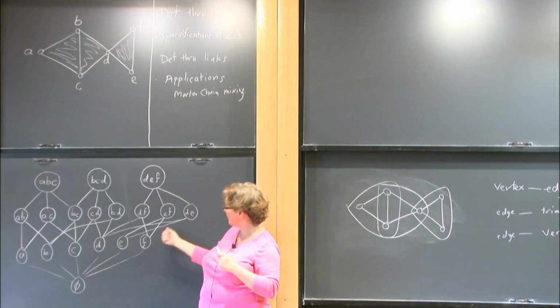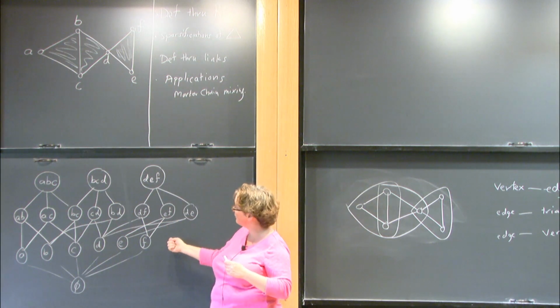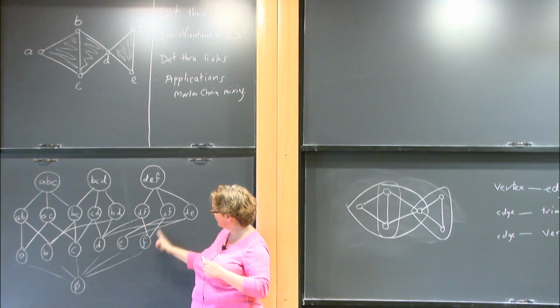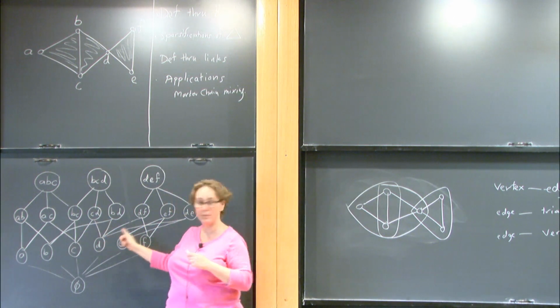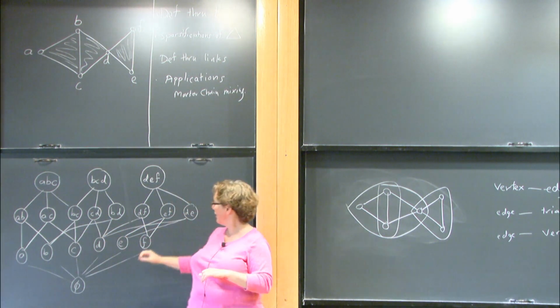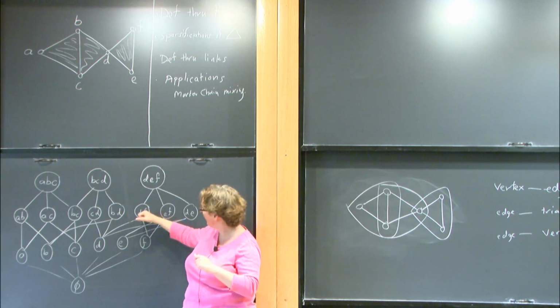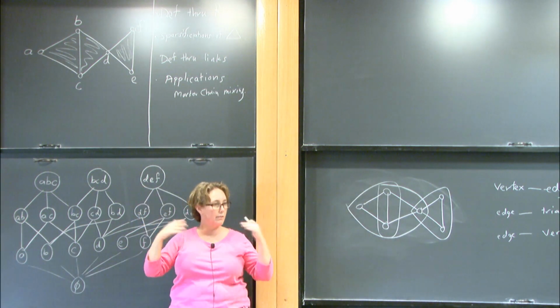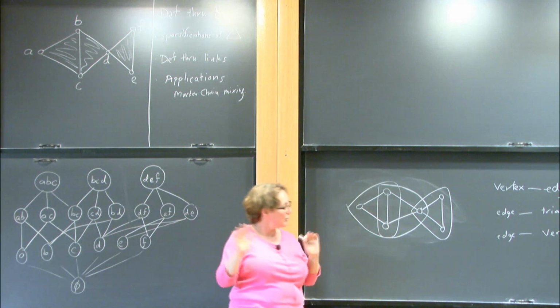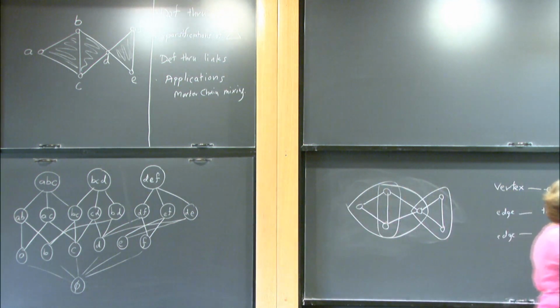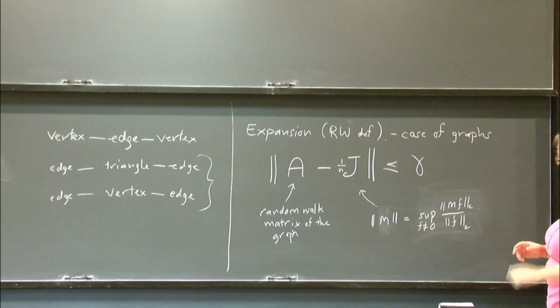So here, this is a case where it's not regular, because you see that this vertex has out degree 2 and this vertex has out degree 4. But let's for now assume that every vertex participates in the same number of edges and that every edge participates in the same number of triangles and so on. So allow me this assumption for now. We don't really need it, but it just makes life easier for me.